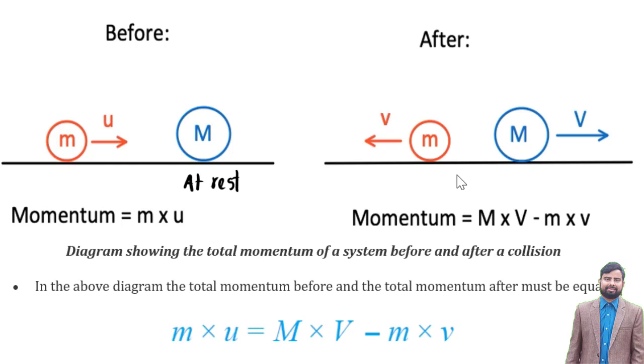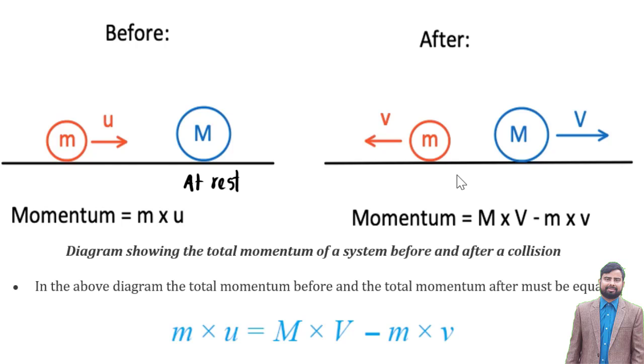The initial momentum of the blue one is 0. That's why the total momentum before collision is small m into small u.